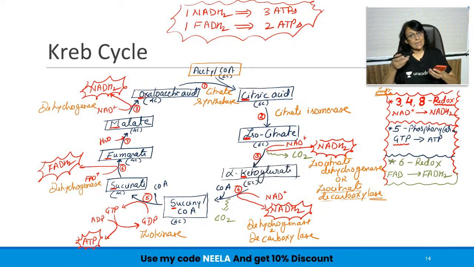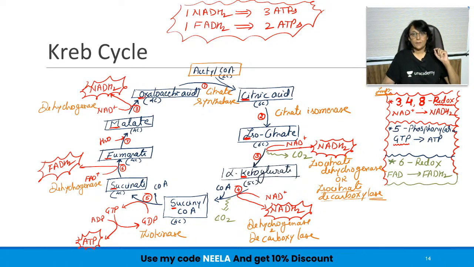What is happening in each step will help you write down the names of the enzymes. So this part is very easy, but for that you will have to practice drawing this Krebs cycle at least 2-3 times. Once you do it 2-3 times, you will be all set.